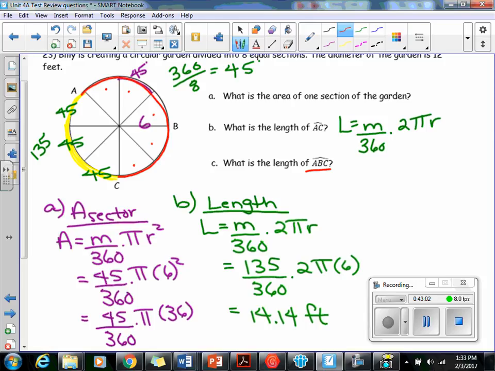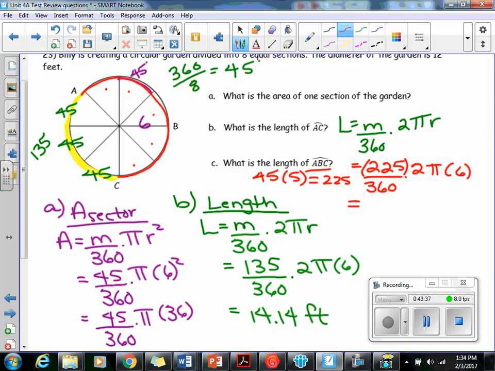So you take the 45 times 5. That's going to equal 225. So that's our m. So when I plug in, that's going to be 225 over 360 times 2 times pi times the radius, which we know is 6.